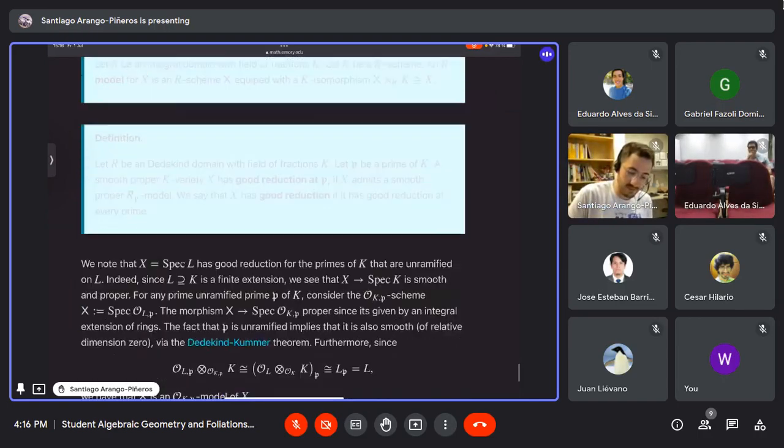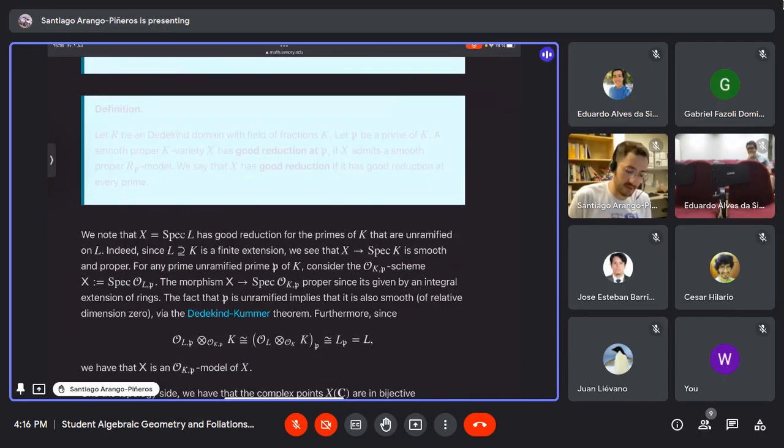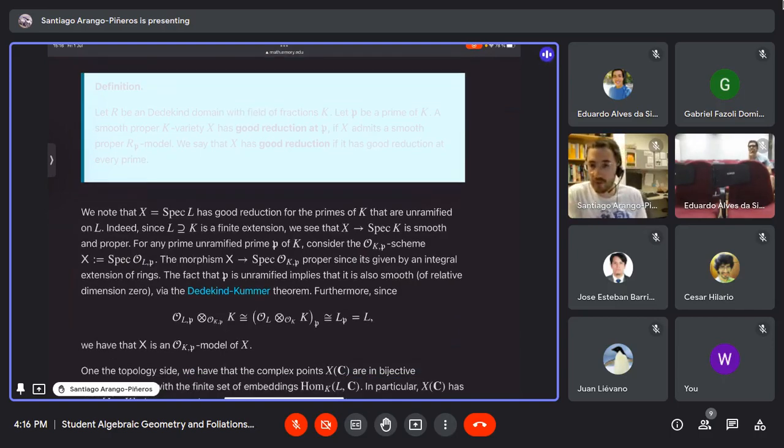But in this particular case, a smooth projective variety over a number field has to be just the spectrum of a number field containing my base number field. And this boils down to a problem in algebraic number theory. A prime of good reduction is going to be an unramified prime.